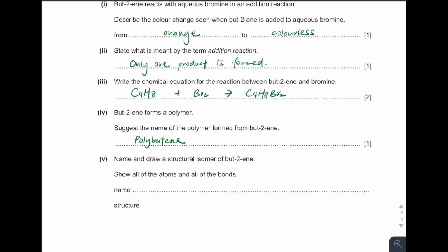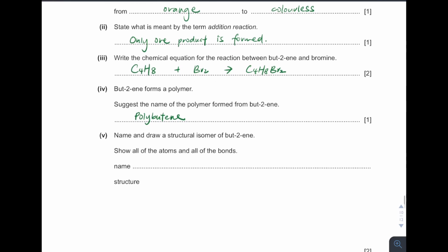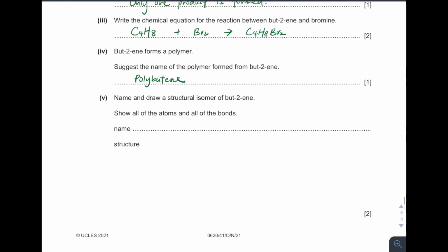Okay, so next one, name and draw a structural isomer of butene. Show all the bonds and everything. What is an isomer? Remember, isomer means compounds with the same chemical formula but different structural formula, which means different arrangement.